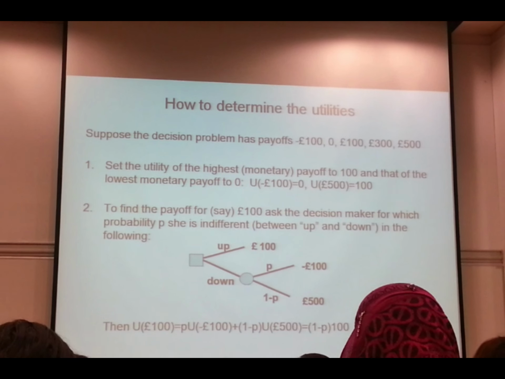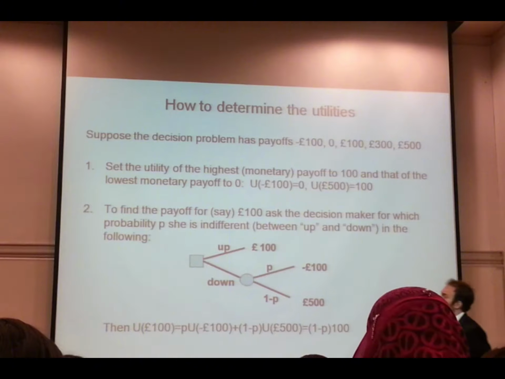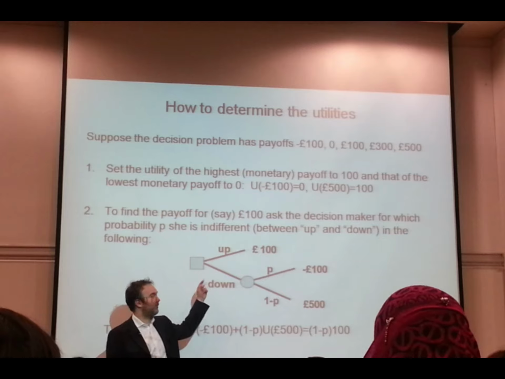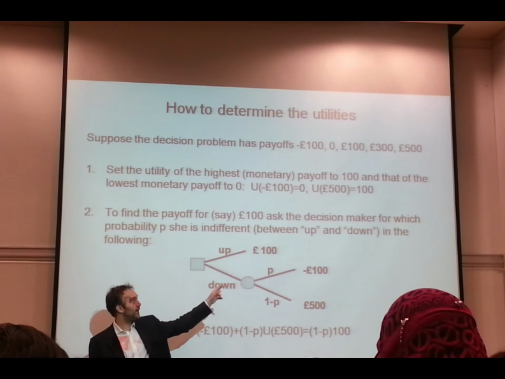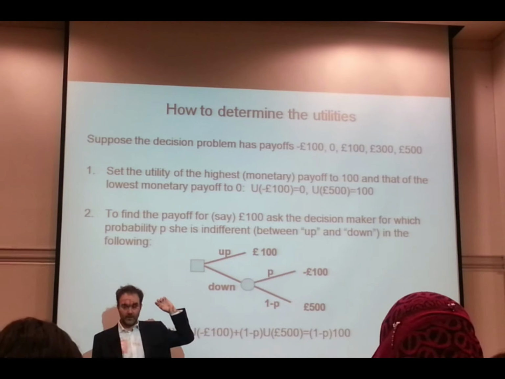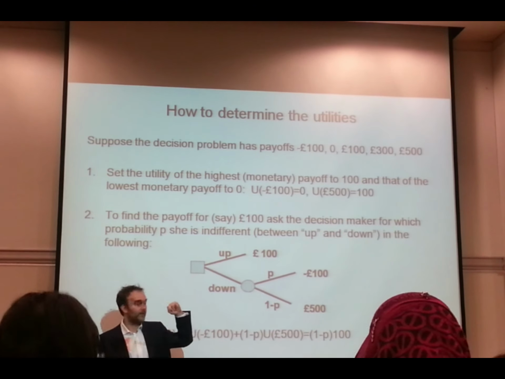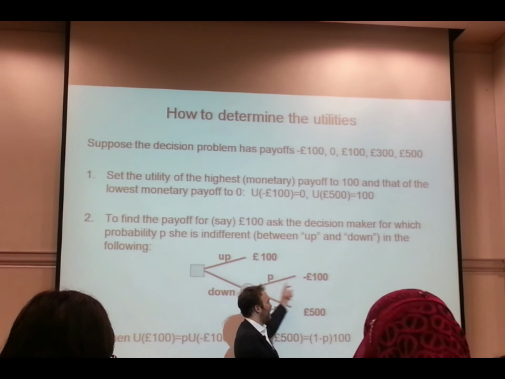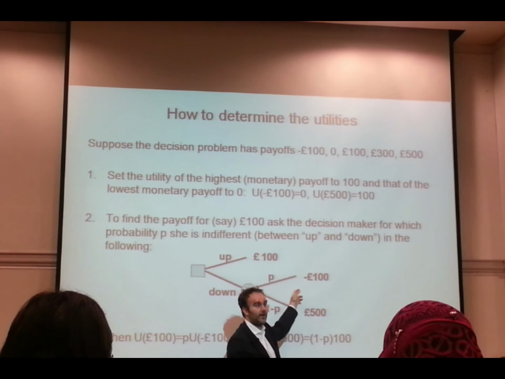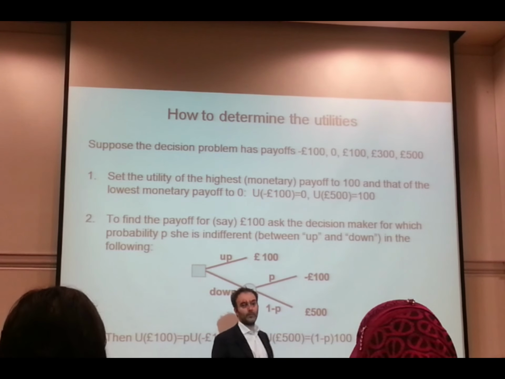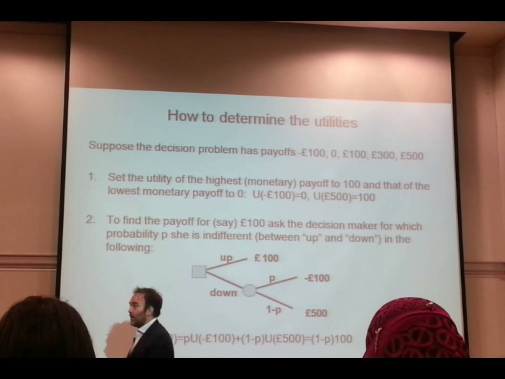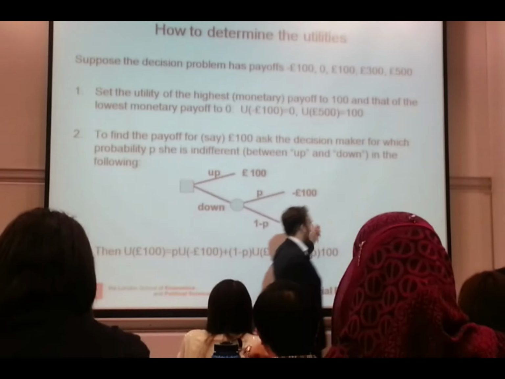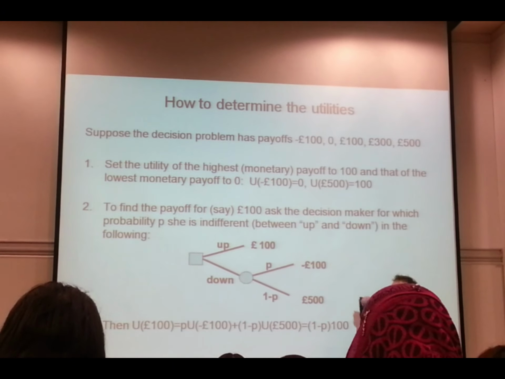Now, if we make a decision to go up, we get 100 pounds, right? That's the payoff for which we want to find out the utility. If we go down, there's going to be one of two things happening. Either we lose 100 with probability P, or we win 500 with probability 1 minus P. So the useful thing is that we know what the utility is for this, and we know what the utility is for this, right?